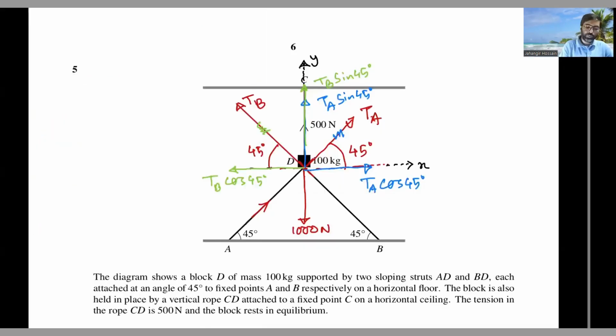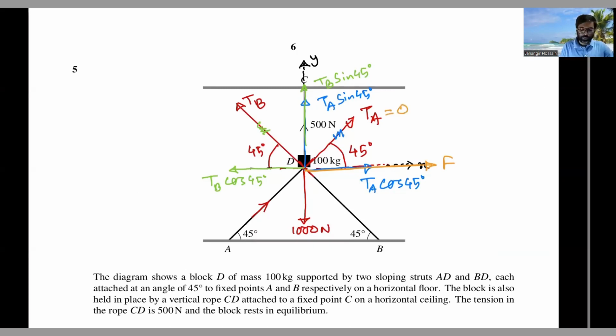The new force is a horizontal force F applied to the block in the direction AB, and you have to find the value of F for which the tension in the strut AD is 0, that is TA is 0.